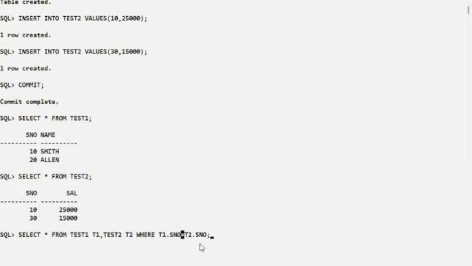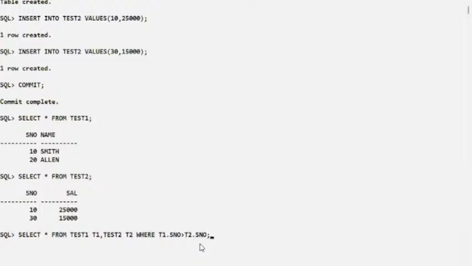Understood? Now if I want to convert into a non-equi join, I remove this and keep whatever you want: less than, greater than, less than or equals to, not equals. Now I'm keeping greater than. So T1.serial number is greater than T2.serial number.